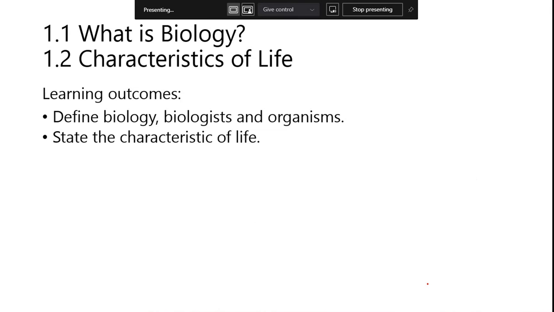Before we continue to learn the characteristics of life, let's learn what is biology. These are the learning outcomes. At the end of the lesson, you should be able to define what is meant by biology, biologists, and organisms.